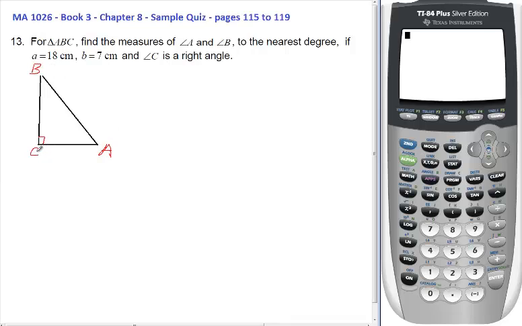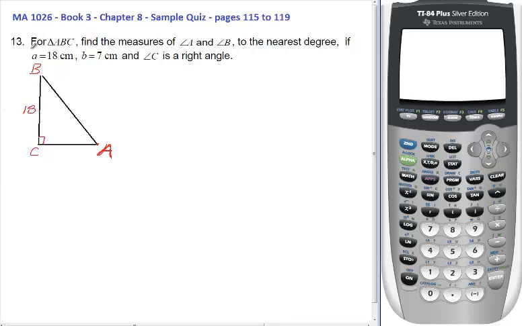Now, important though where you put the sides. If you've labeled this angle A, then the side opposite it is small a. Small a is opposite capital A. So this side has to be little a, which means this side is 18 centimeters.